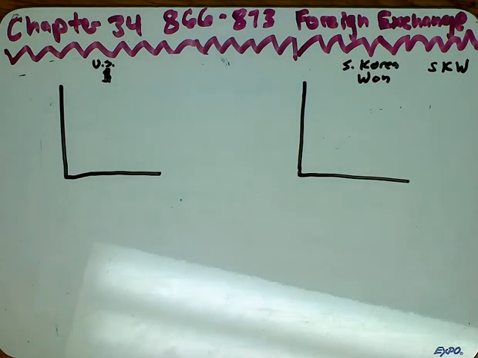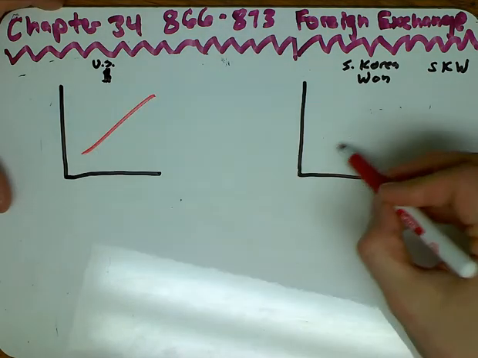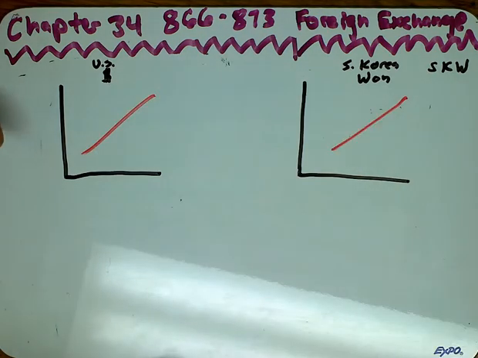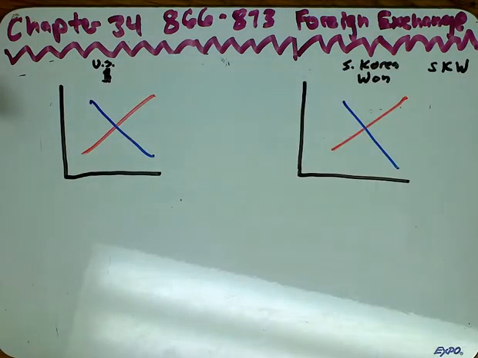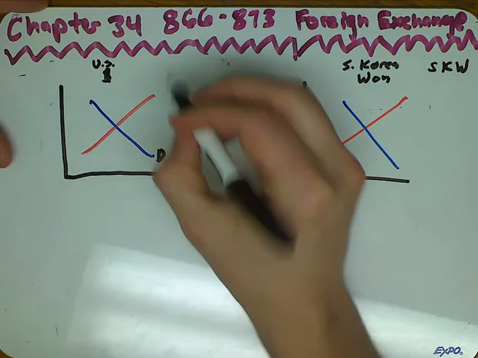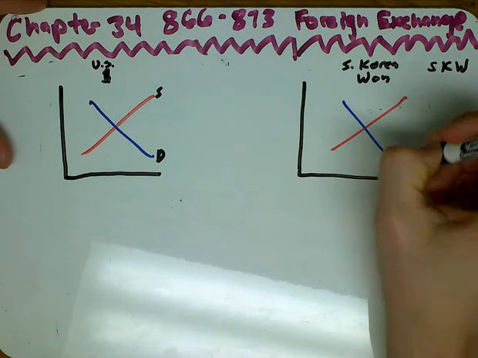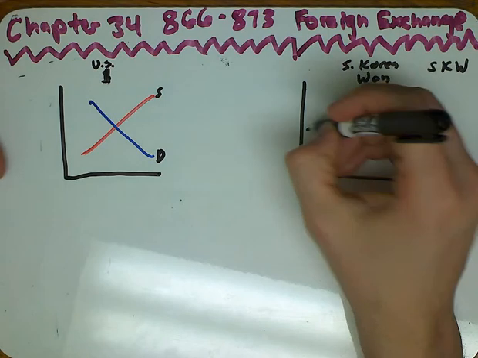And within these foreign exchange markets, we have a couple things. We have supply, of course. Go back to chapter 4 if you need a review about supply and demand, how they work together. And you'll see that the demand and the supply for the dollar and the demand and supply for the Korean won are in an equilibrium.